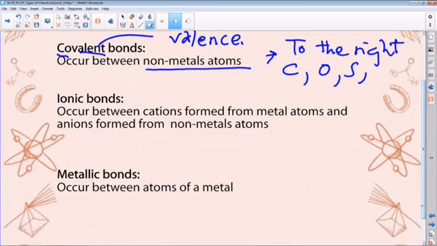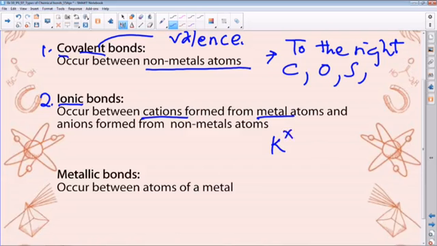The second type of bonding is ionic bonding. Obviously, this involves ions. We shall talk about them. This occurs between cations formed from a metal, take for example, potassium. If potassium, which is in group 1, wants a stable electron configuration, remember, it has only one valence electron, and the underlying energy levels are completely filled.